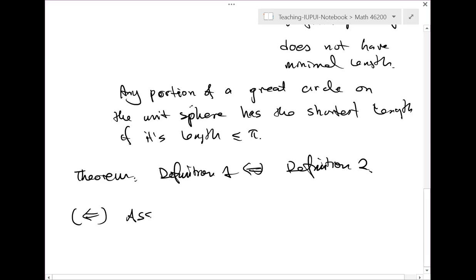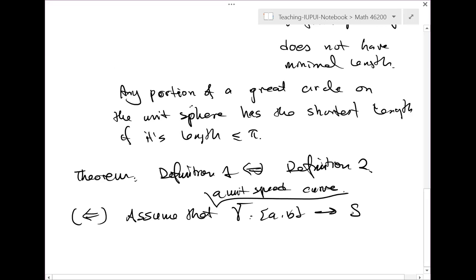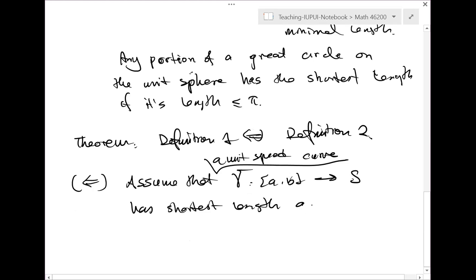Let's just assume this: a unit speed curve gamma on the sphere has the shortest length among all the curves joining two endpoints.